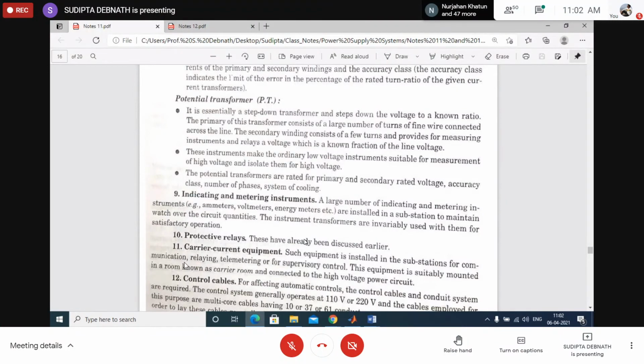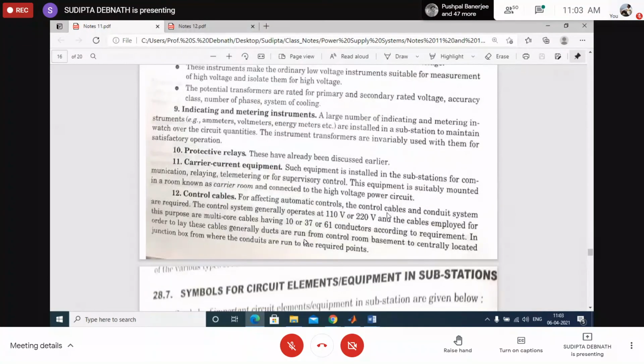Such equipment is installed in substations for communication, relaying, telemetering, or supervisory control. Each equipment is mounted in a room called the carrier room, and is connected to the high voltage power circuit. Then control cables for effecting the automatic controls. The control cables and the conduit systems are required.